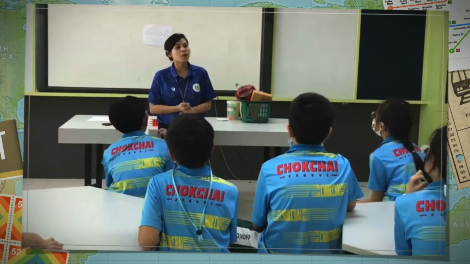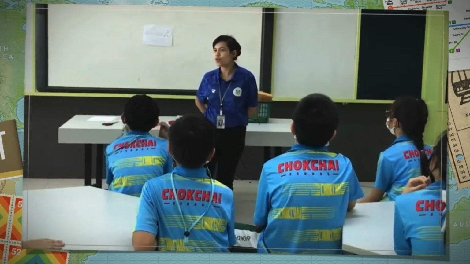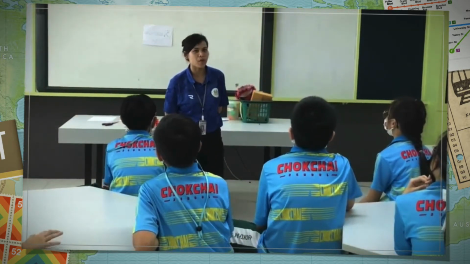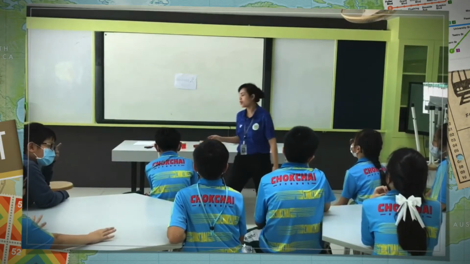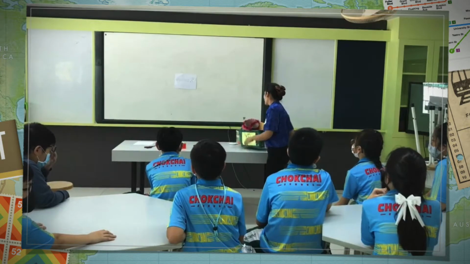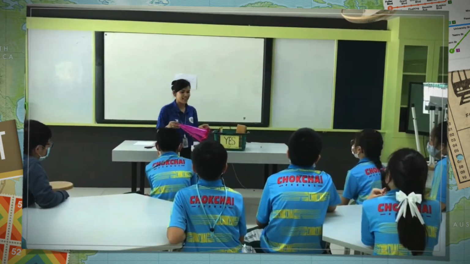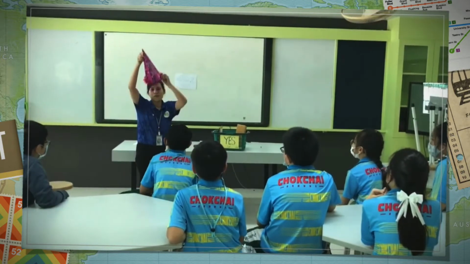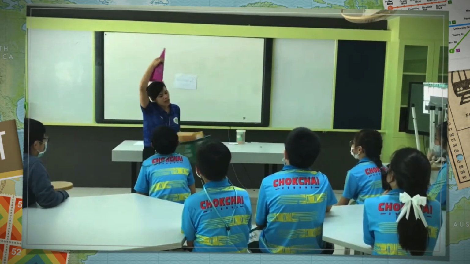And now we're going to learn more about shapes. Look at the other things surrounding here, shapes, right? The teacher just brought different kinds of objects. I have here a party hat. Would you like to go to a party?